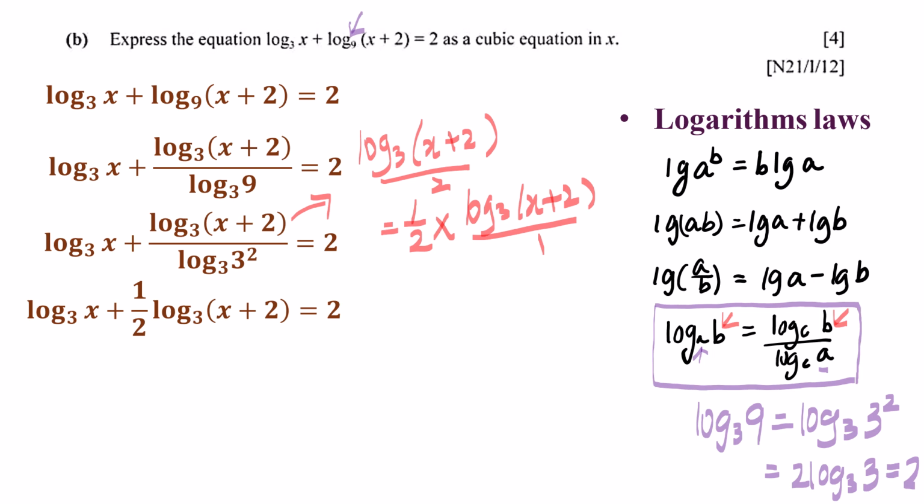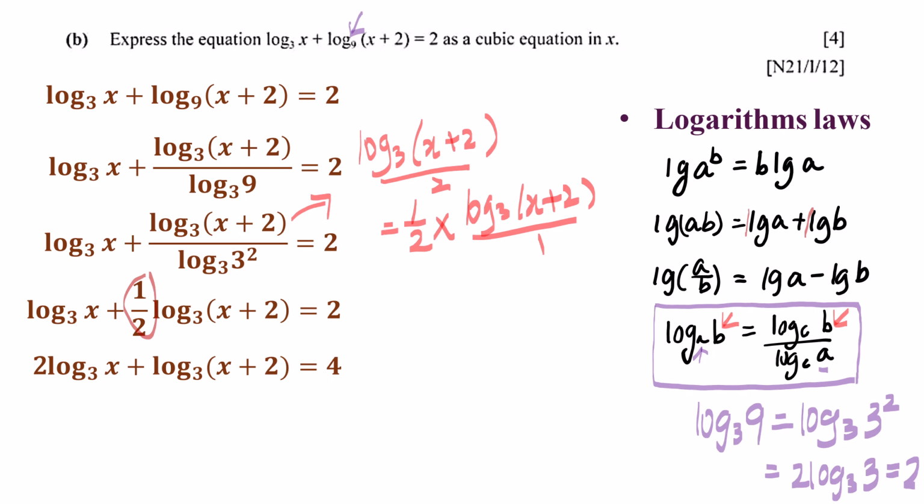To apply the product rule, you realize that the coefficients of your log b and log a here have to be 1. I still have this half here that's in the way, so I have to apply the power law. I multiply by 2 throughout first, because it's easier with a whole number.